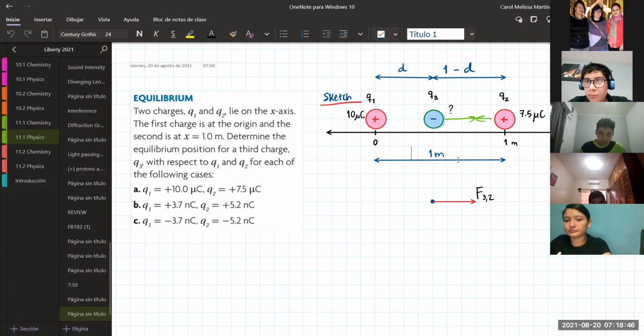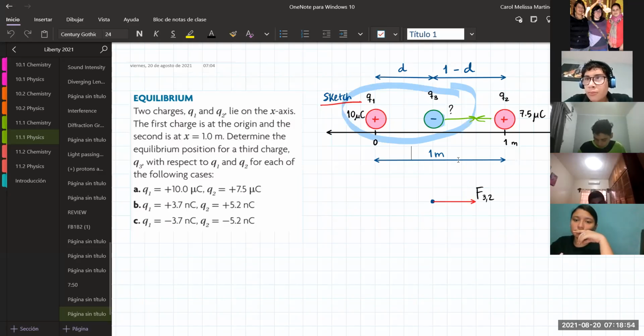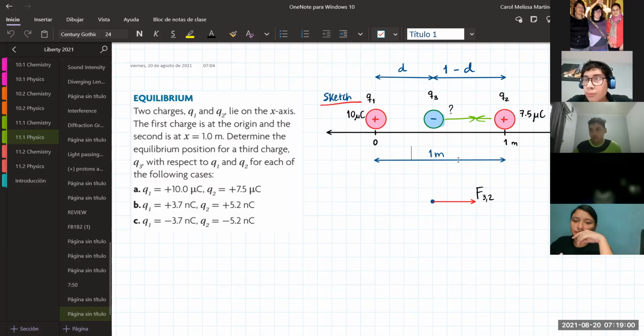Now, what kind of force is going to be exerted between Q1 and Q3? Attraction or repulsion? Attraction. So I know that for my forces to cancel, I need them to be the exact same force.